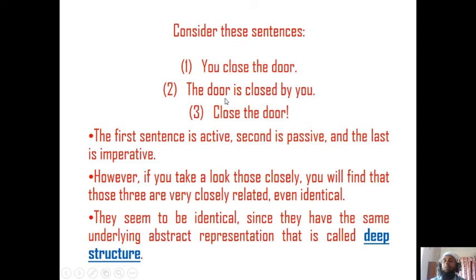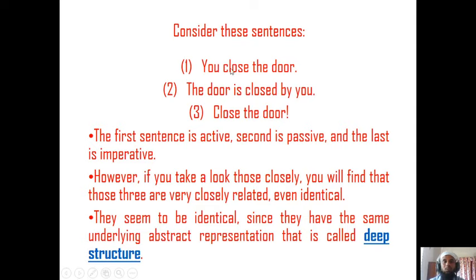We understand the meaning of this sentence using the structure of the first one. And also when you say close the door, you delete the first you. Here you is not present, but you understand that you is here. So close the door is at the surface level, and you close the door is the deep level.